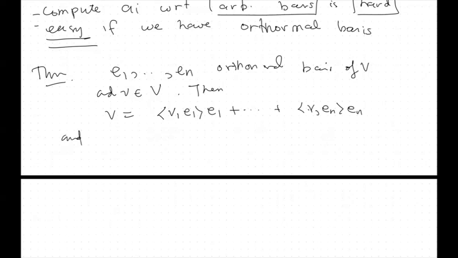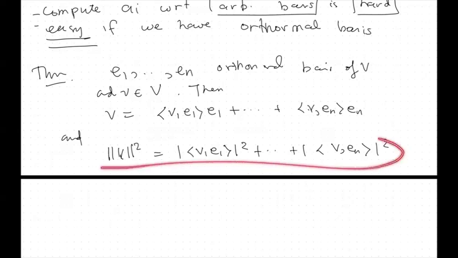And also the norm of v squared is the inner product of v with e1 squared, up to the inner product of v with en squared. The second part is direct from our theorem earlier, a repeated application of the Pythagorean theorem.